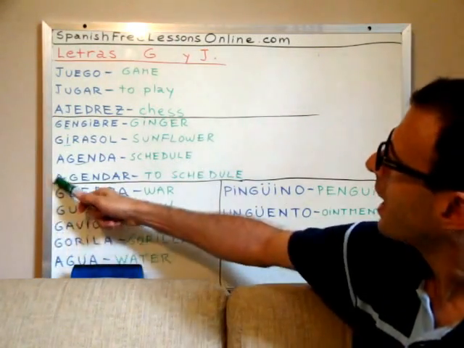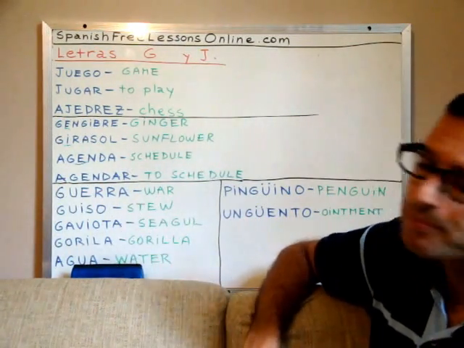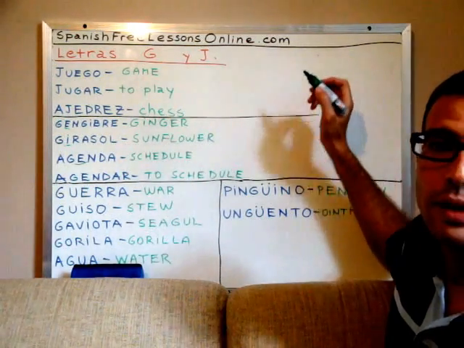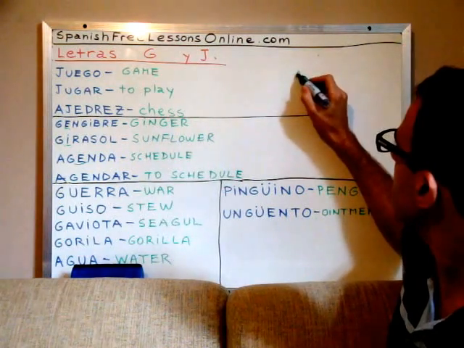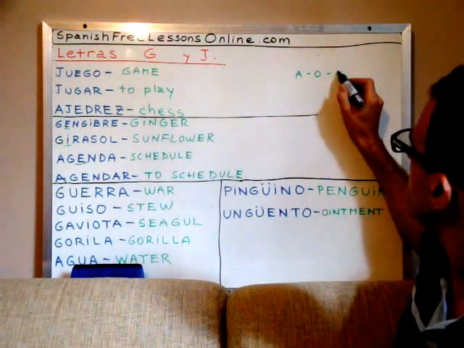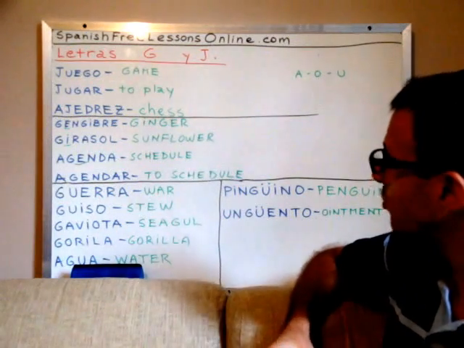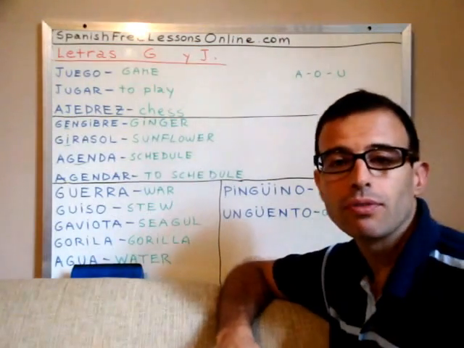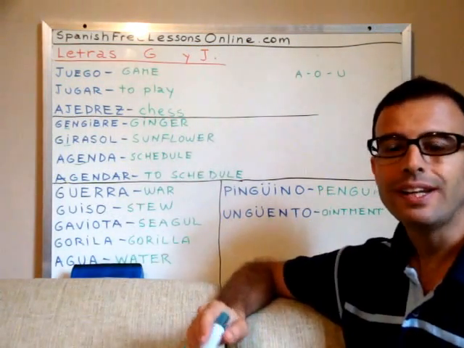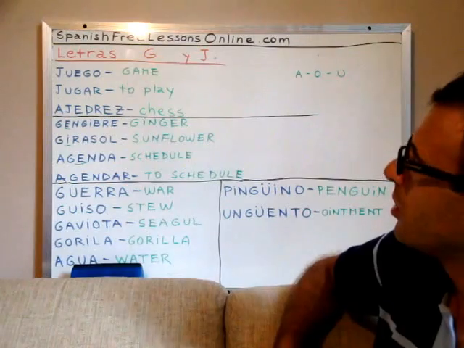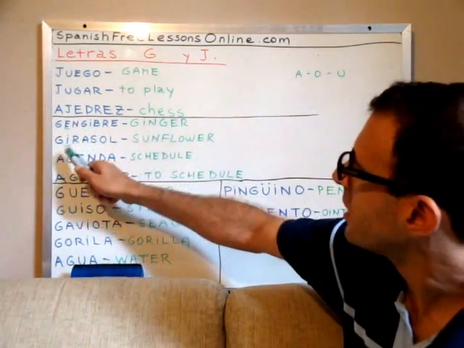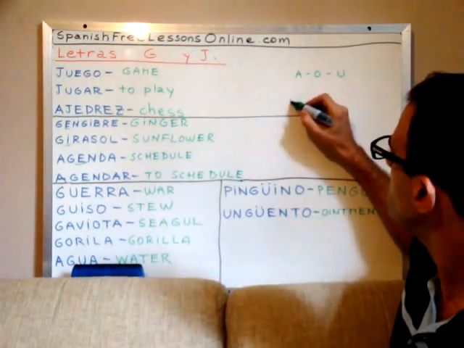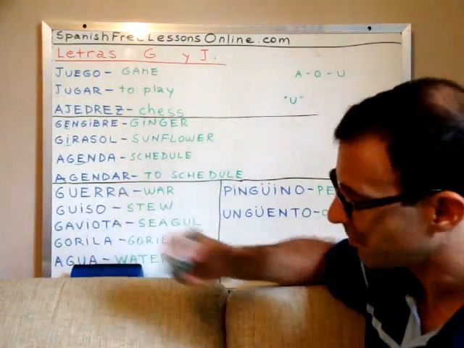Agendar. And letter G, as we said, has the G sound if it's followed by A or by O or by U, right? And it has one more particularity. If we want to pronounce a G sound, but for an I and for an E, we have to write a letter U in between, okay? Like here.